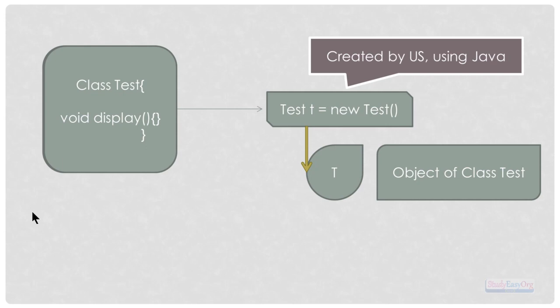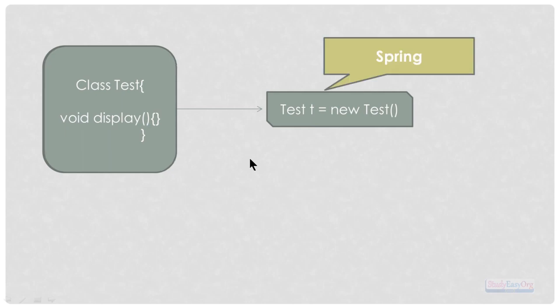Rather, in a situation where we would like to have component-based programming, where we can remove or update a component and use any object based on our requirement, this old way is not up to the mark. In order to handle this, we have a Spring solution.